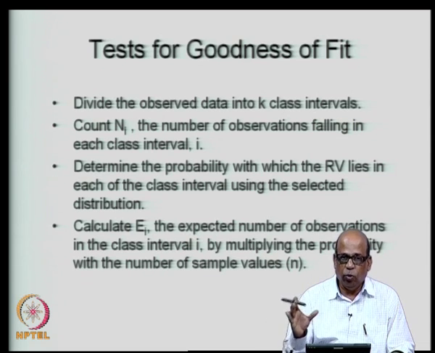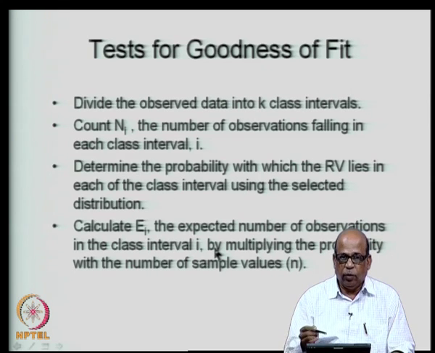So, we know how to compute the probability of a random variable which follows the normal distribution to take values between these two extreme values of that interval, that means 100 to 200. So, we compute that from the theoretical distribution.